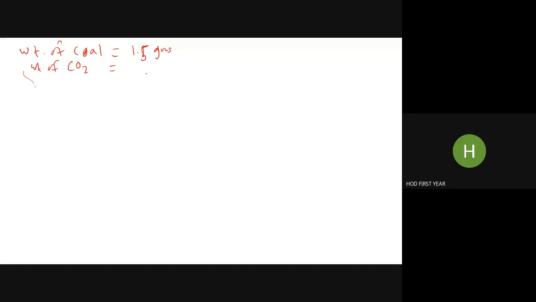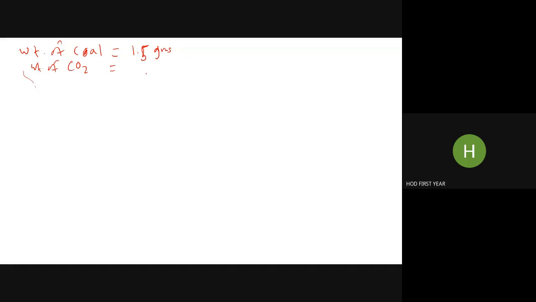How to find out? See, in the experiment, we understood that weight of CO2 produced is the increase in weight of KOH bulb. CO2 is absorbed by KOH, so increase in weight of KOH bulb is weight of CO2. And H2O is absorbed by calcium chloride tube, so increase in weight of calcium chloride tube is weight of H2O.